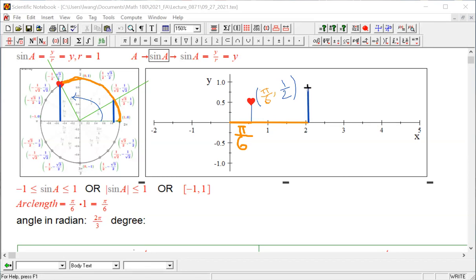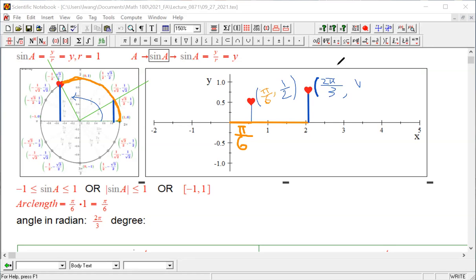I'm just approximating it. So that point will be marked 2 pi over 3 and root 3 over 2.